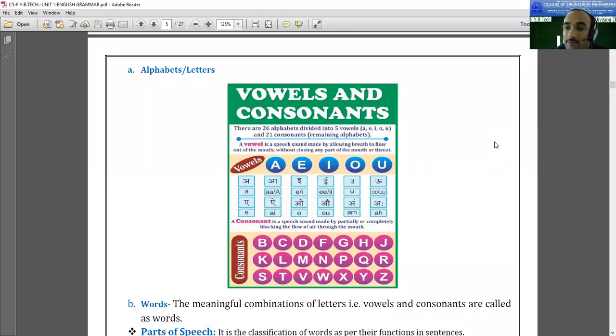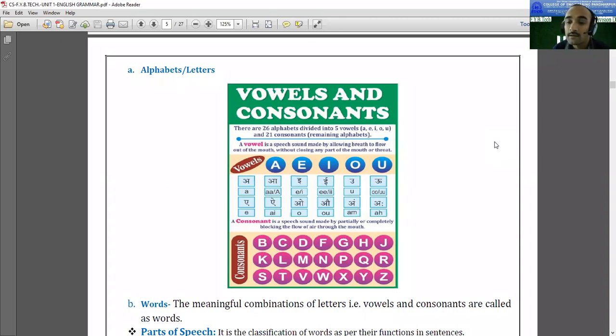There is a difference between vowels and vowel sounds. Vowels are only 5, for example, A, E, I, O, U. These are the vowels. But vowel sounds, there are 24 vowel sounds.